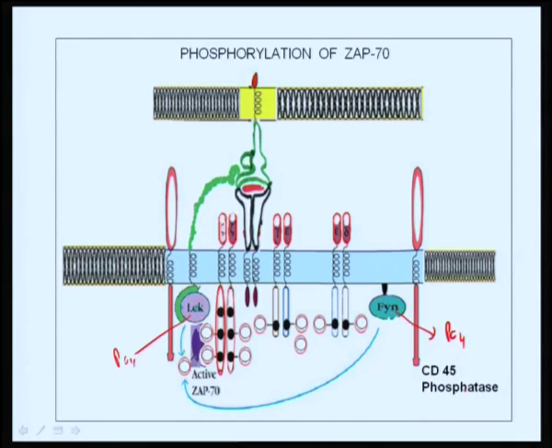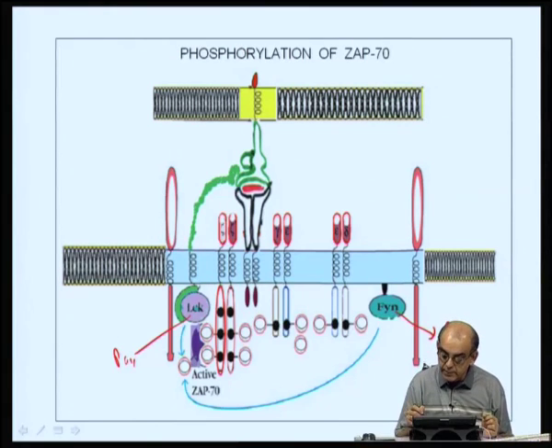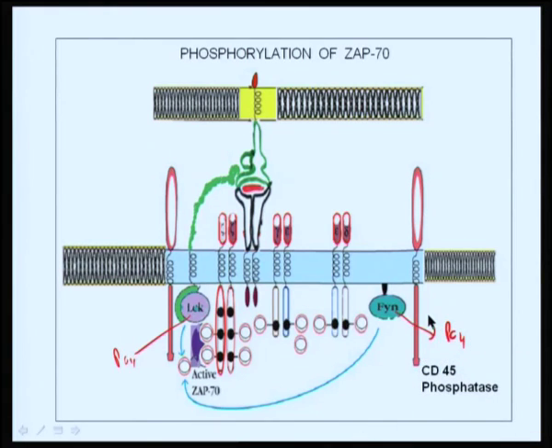So, this being a phosphatase, the CD45, once the antigen is bound by the T cell, this CD45 phosphatase comes closer to the T cell receptor. When it comes closer to the T cell receptor, this phosphate is removed. This removal of the phosphate on these kinases results in activation.